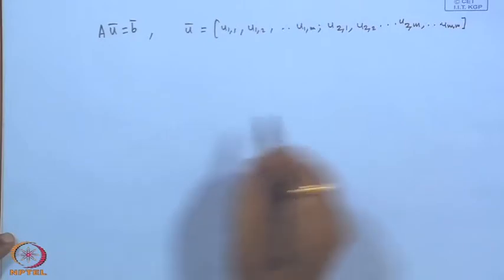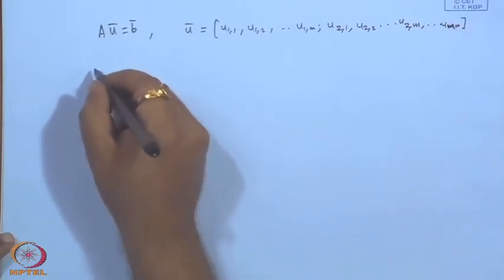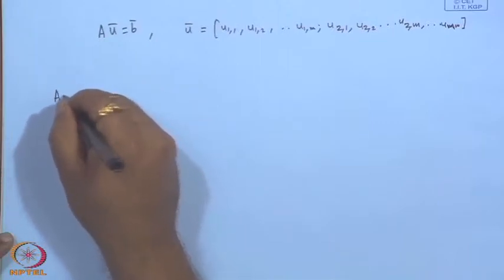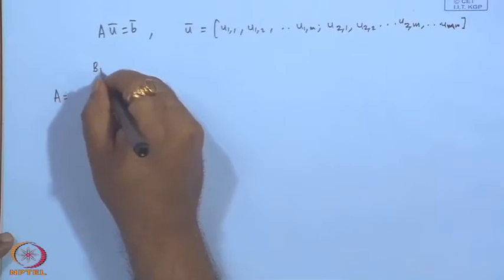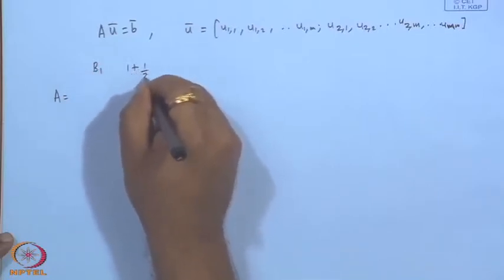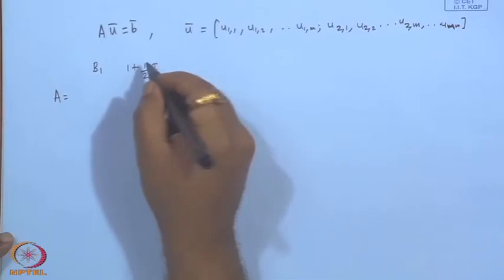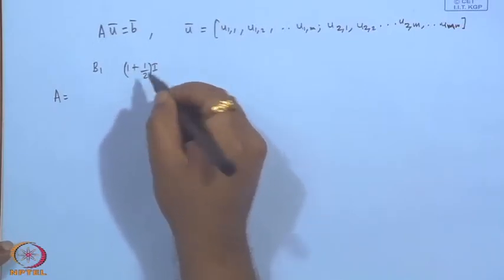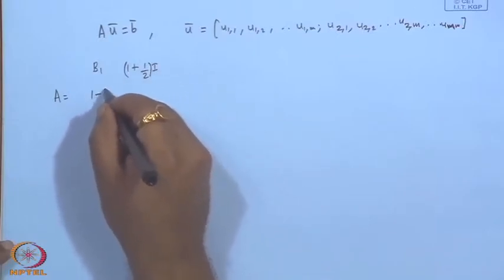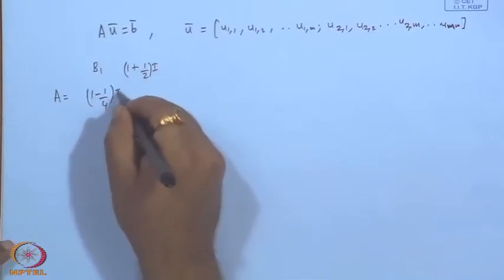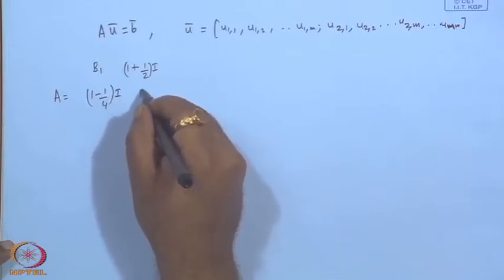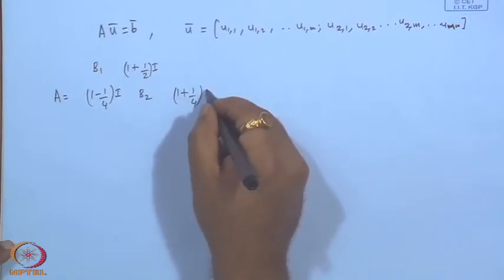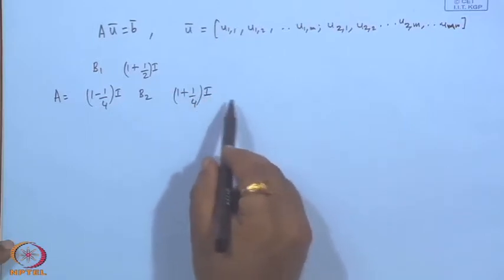Okay. So, this is n m and the matrix A. So, this is just to know the structure.